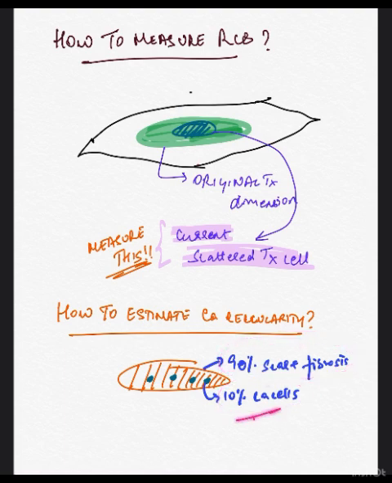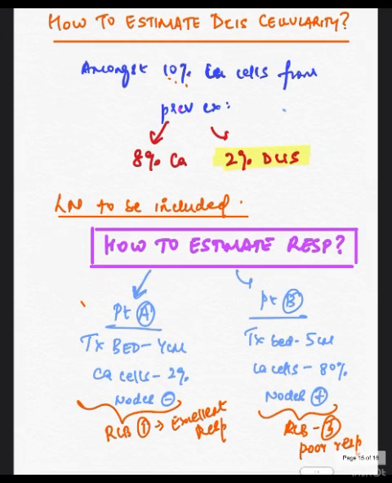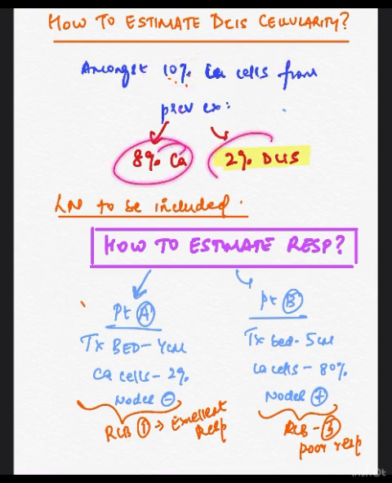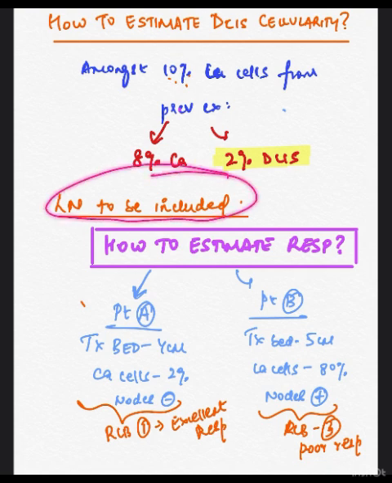So cancer cellularity is only 10%. And how to estimate the DCIS cellularity? Amongst the 10% cancer cells from the previous examination, 8% is carcinoma and 2% is DCIS, then 2% is the DCIS cellularity. Lymph nodes in this case have to be included into the reporting.